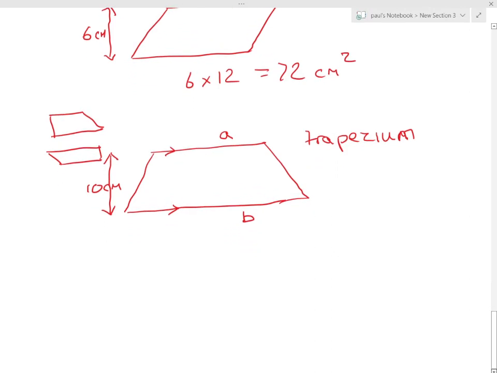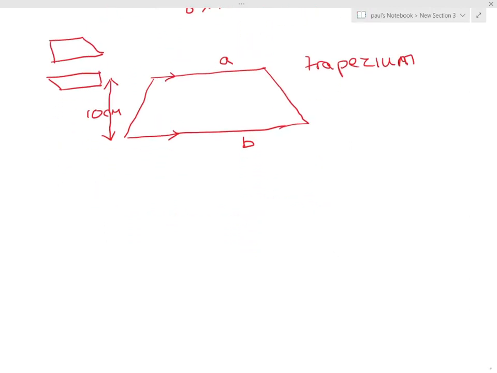Now, because we've got one long side and one short side, short at the top, long at the bottom, we've got to find the average of these two. So the area of a trapezium is going to be A plus B divided by 2 times the height. And the A plus B finds the average by dividing them both by 2.